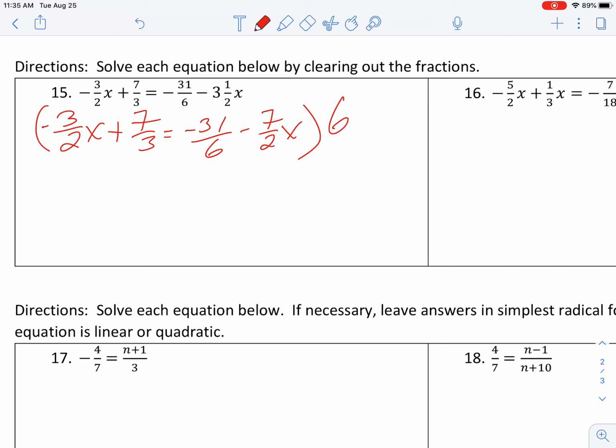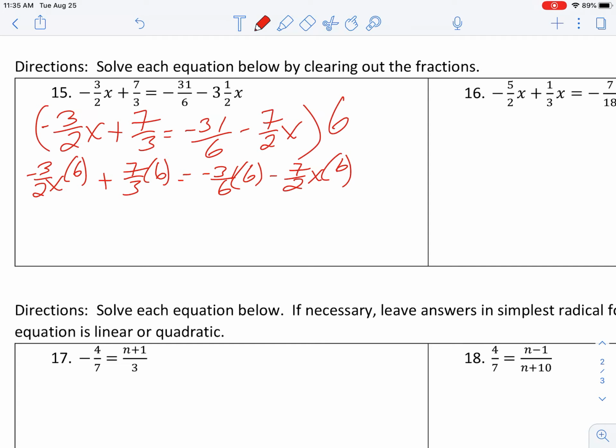So let's do that. I'm going to take negative 3 halves x times 6. I'm going to take 7 thirds times 6. I'm going to take everything, both sides of the equation, and multiply by 6. Now it's using your fraction skills from 3rd, 4th, 5th grade, whenever you started multiplying fractions.